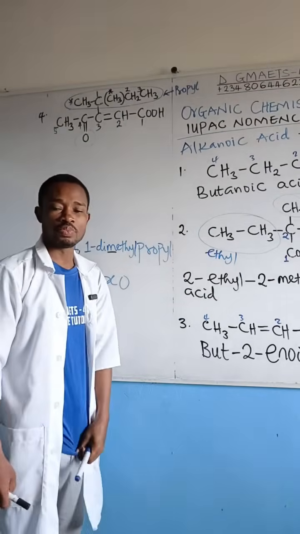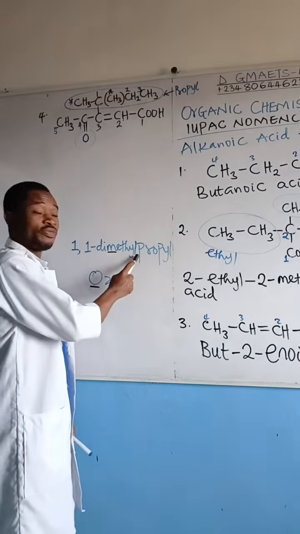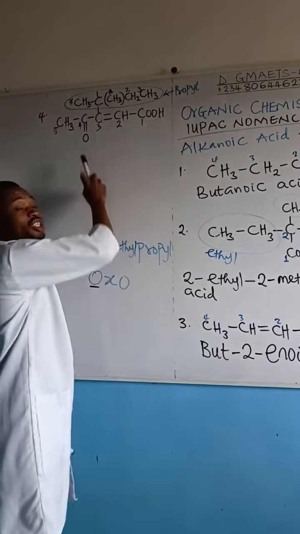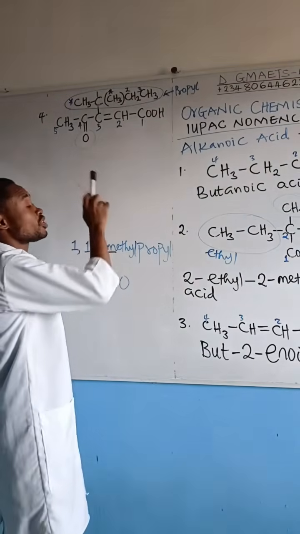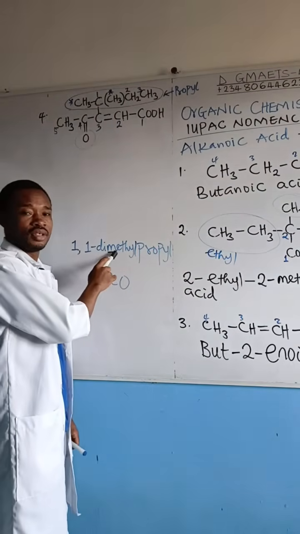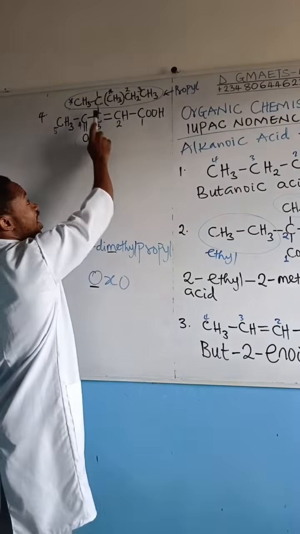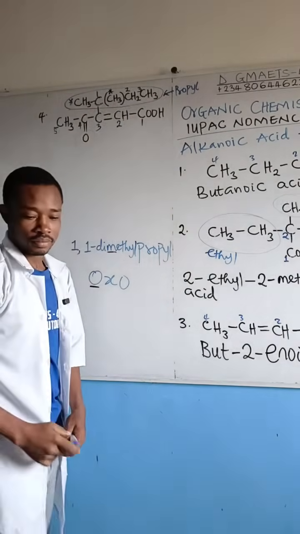Which one would you pronounce first? In alphabetical order, you will meet O before P. Which means you have to pronounce oxo first before you write propyl. But in this case, remember the propyl is bearing methyl. You will meet M before O. Which means in naming this, I have to name this attachment first before naming this one.